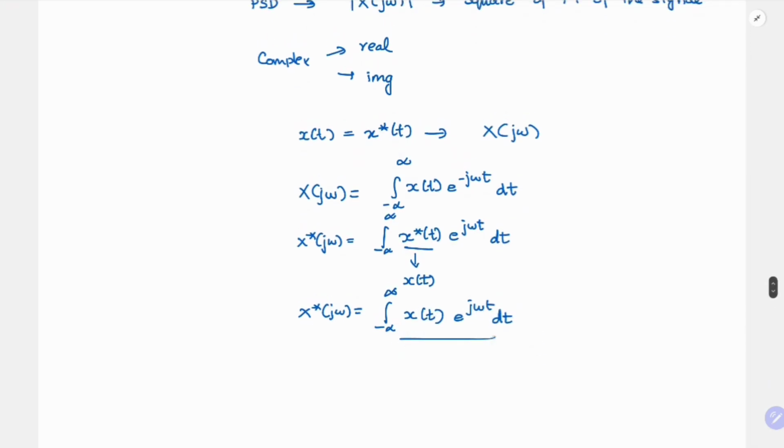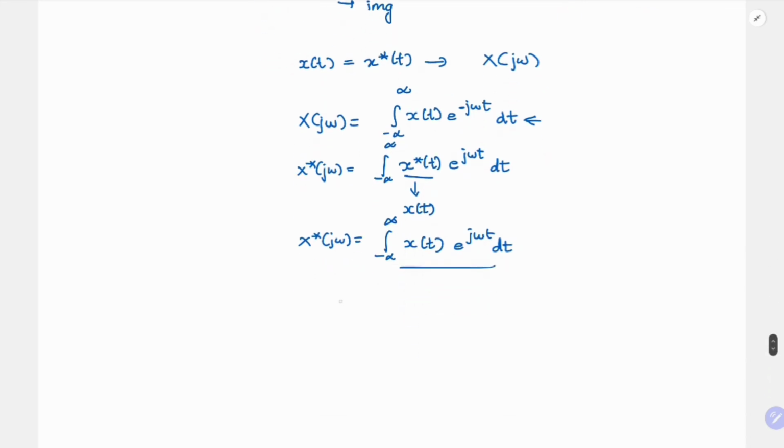Now I want to bring this to the form of the Fourier transform, so I need a negative sign here. So I'll just change omega to minus omega. Then X conjugate of minus j omega is equal to integral minus infinity to infinity x of t e power minus j omega t dt. This is nothing but X of j omega.